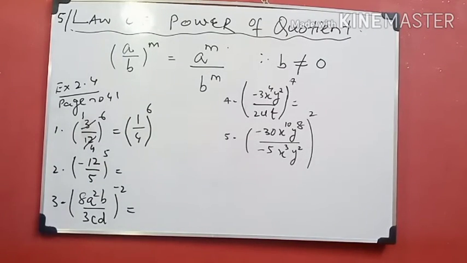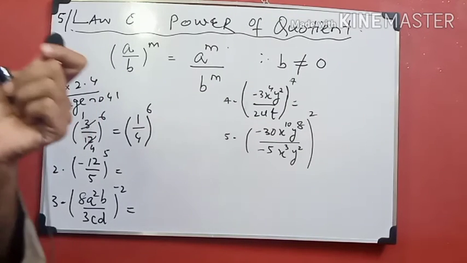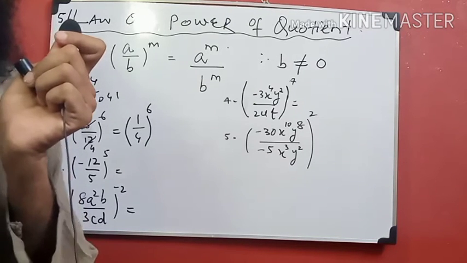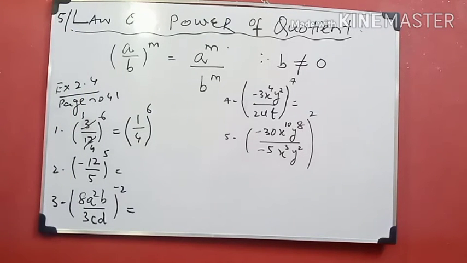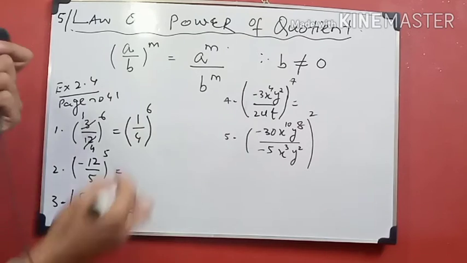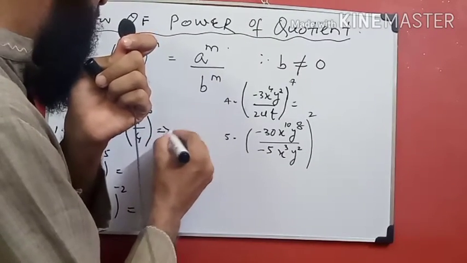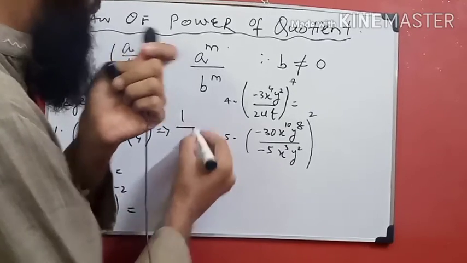As we know that 1 with any power, even the power of 1000, always becomes 1. So it equals 1.